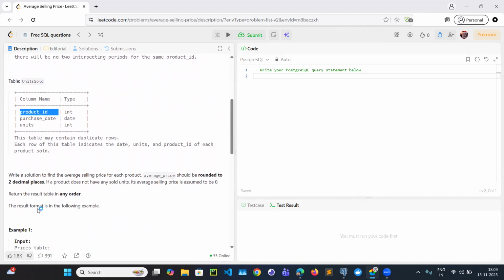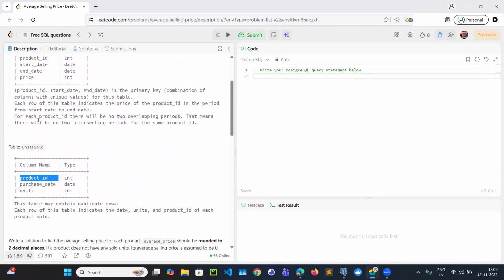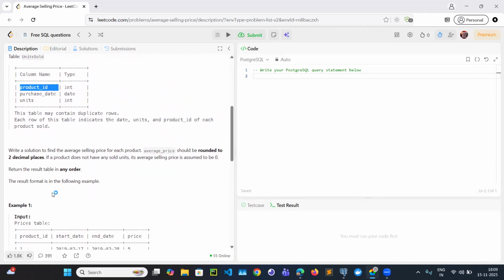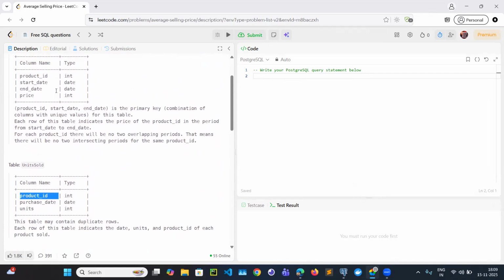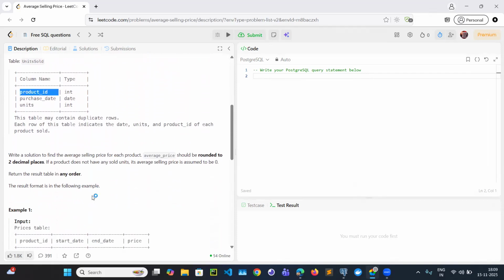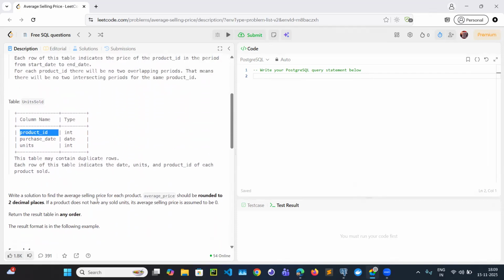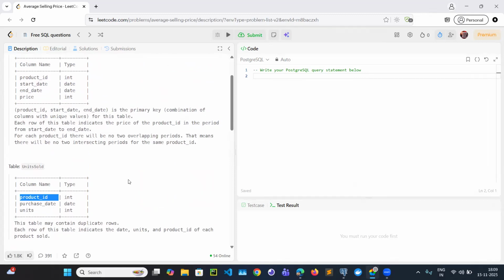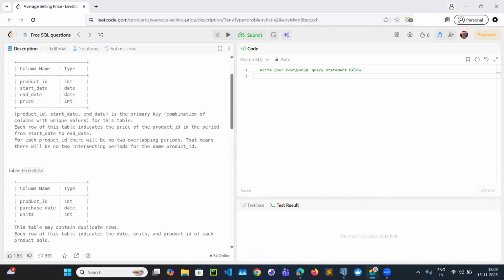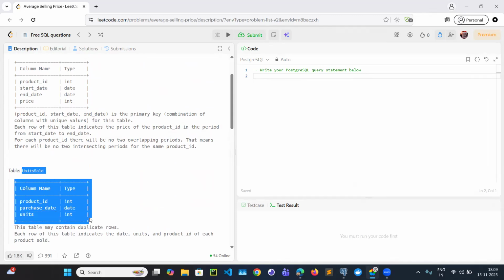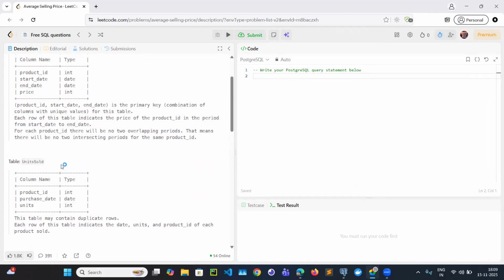So I can easily join both tables, so that I can get to know how many units we have sold. We need to find the average selling price for each product. There could be chances that some product exists which we have not even sold. If we have not sold it, it does not exist in the units sold table, but in the output we need it, right?